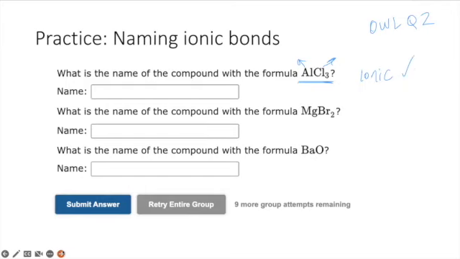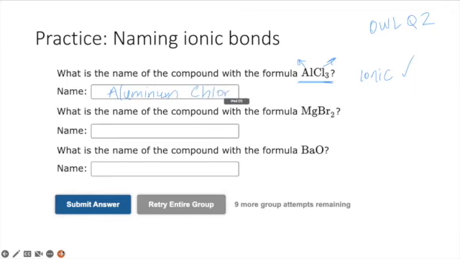So I get to say aluminum, which is not, is it a transition metal? Let me double check. It is not. So aluminum gets to retain its name. Doesn't need any Roman numerals because it's not a transition metal.